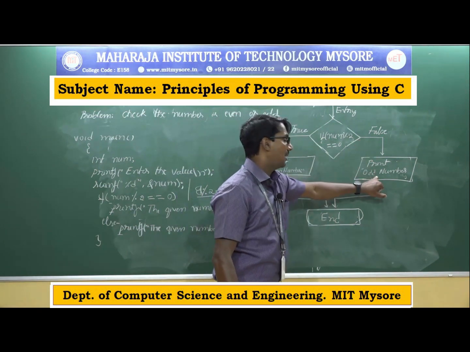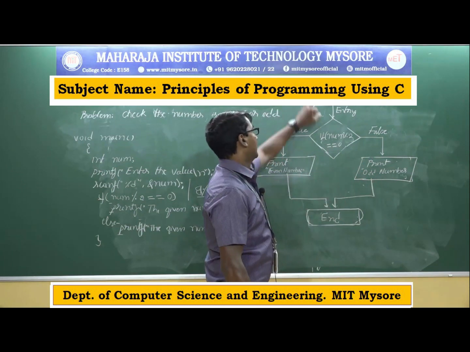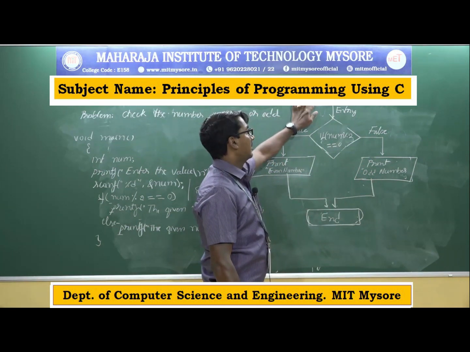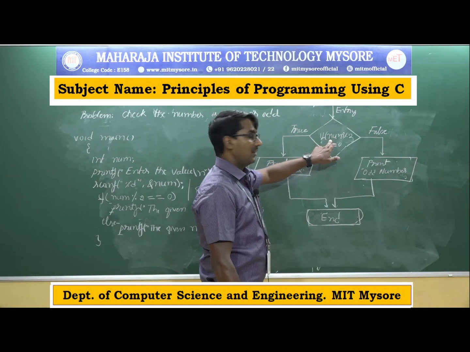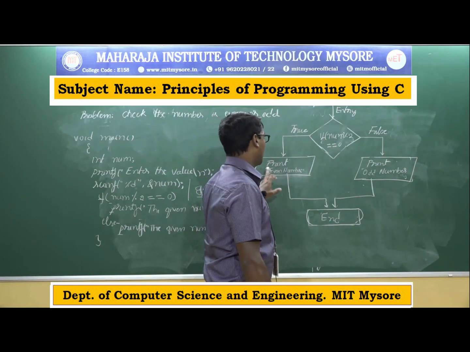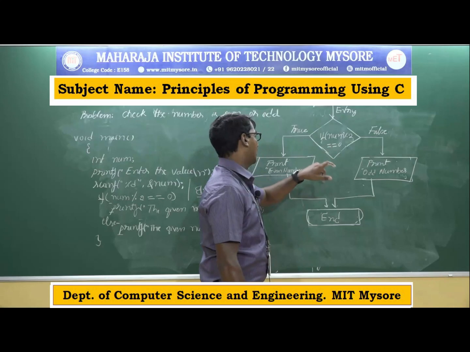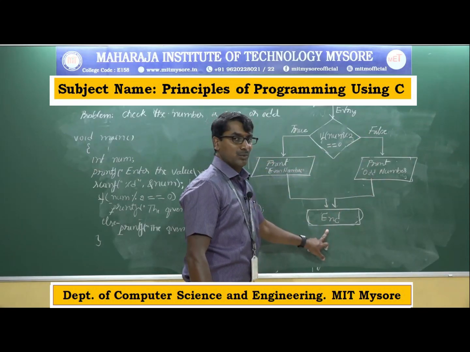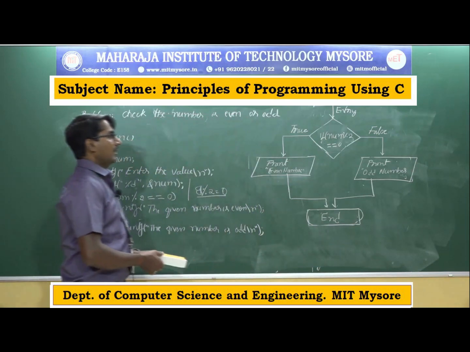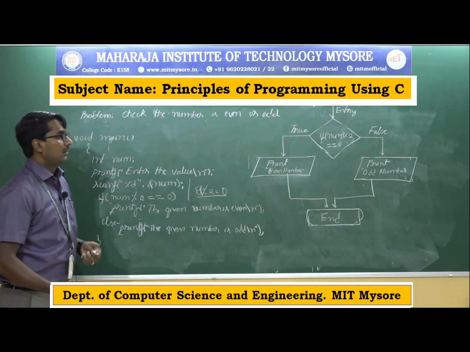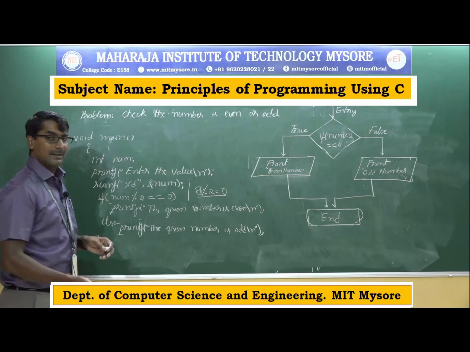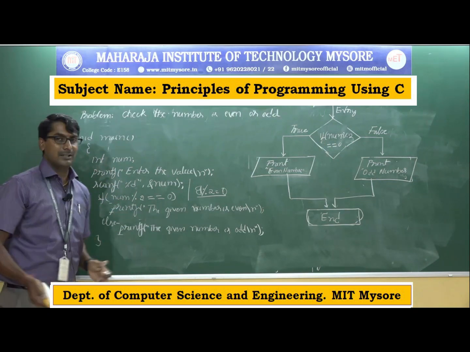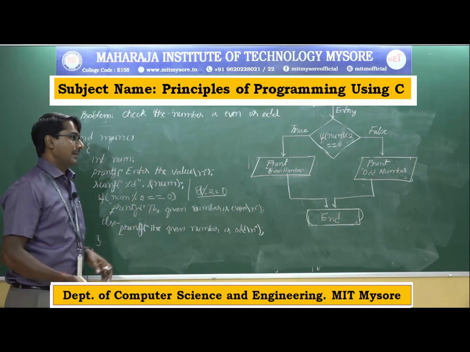If the condition is false, print odd number, then exit. So first read the number, test the condition. If true, the true block will execute, that is print even number, else odd number. After that, it will move to the end statement. Okay, this is an example for if else statement. Okay, let's execute this program online.